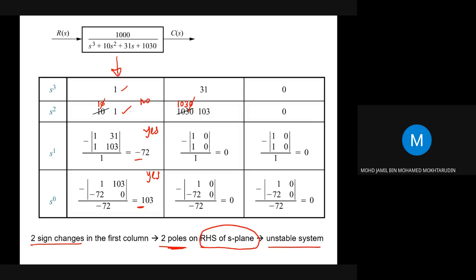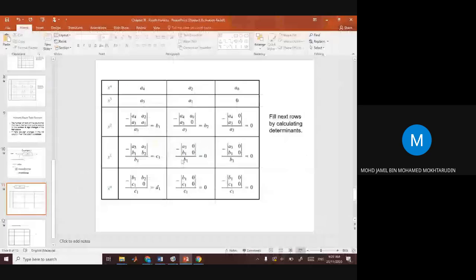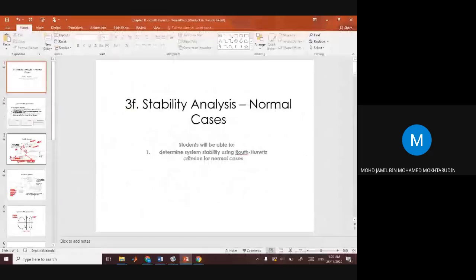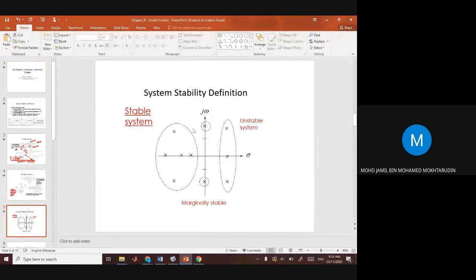So the usefulness of Routh Hurwitz criterion is that if you look at our first slide just now, to determine the stability, we need to determine the poles and plot the poles on the S-plane.